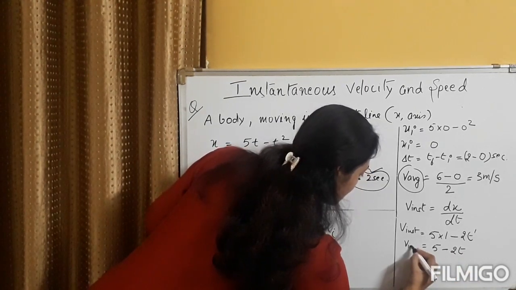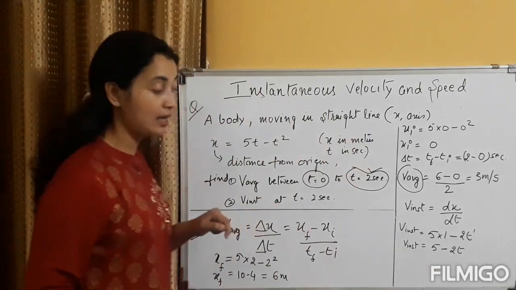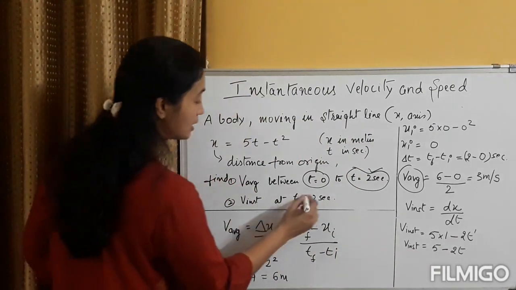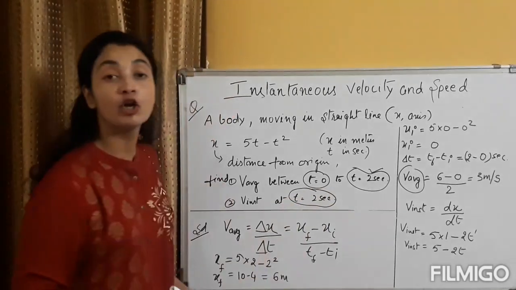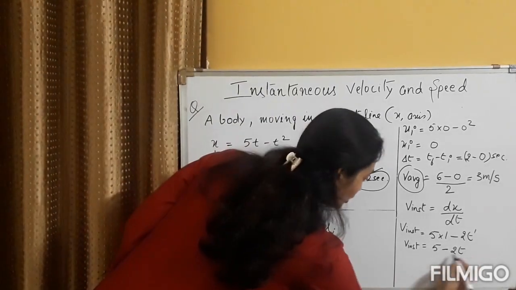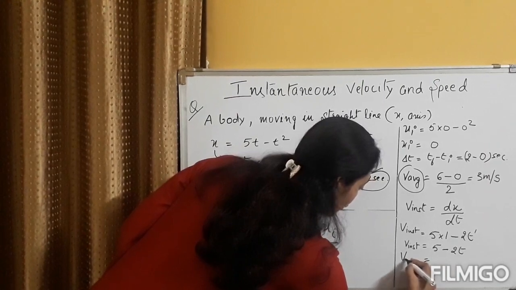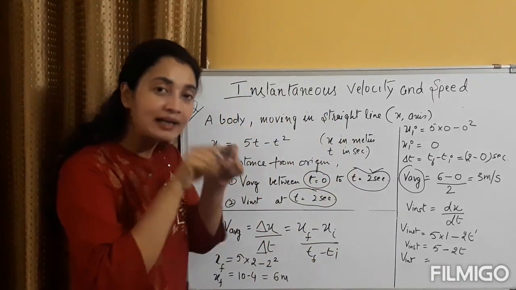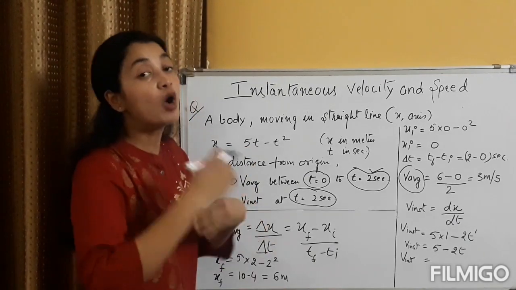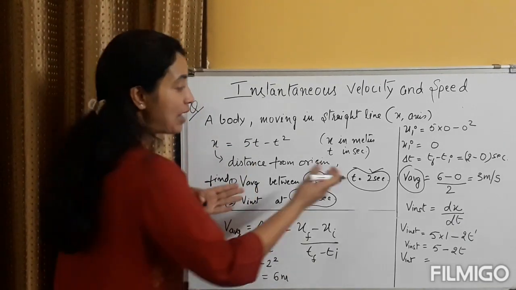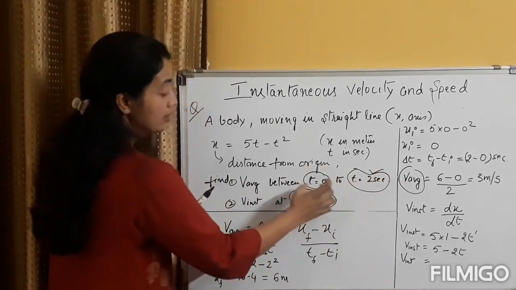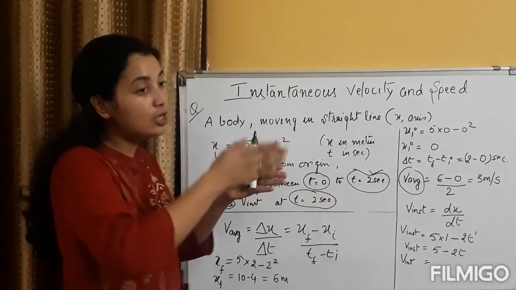This is the equation for instantaneous velocity, and I have to find instantaneous velocity at a specific time of 2 seconds. So let me put t equal to 2 seconds. In average velocity, we found the velocity between 0 to 2 seconds.